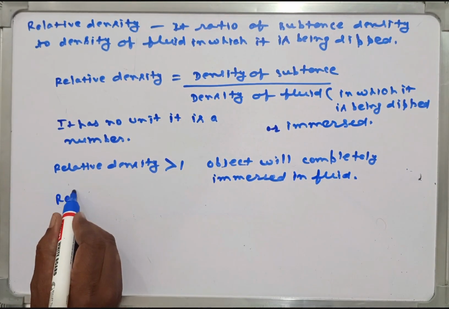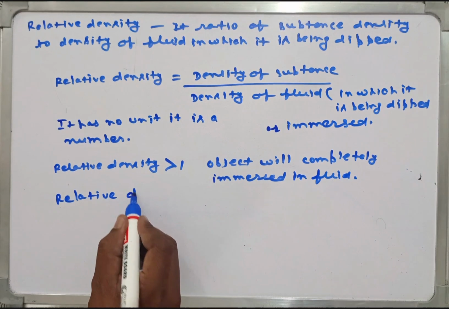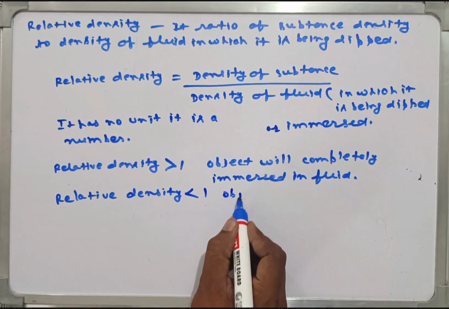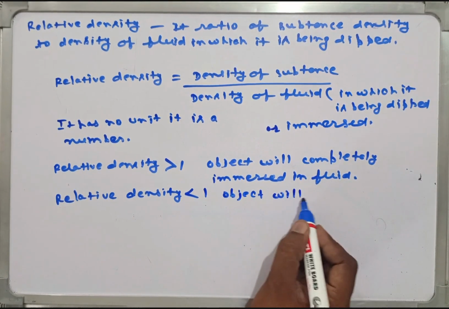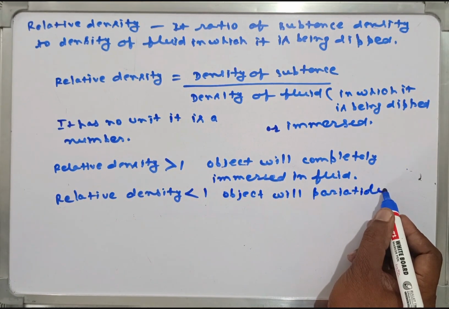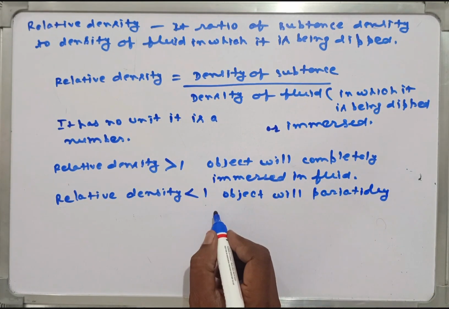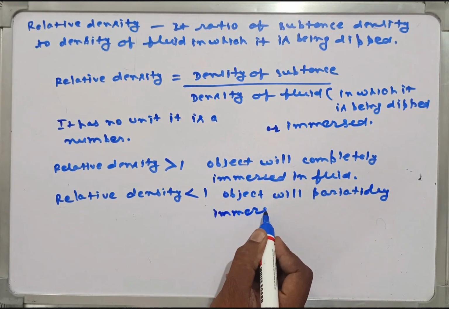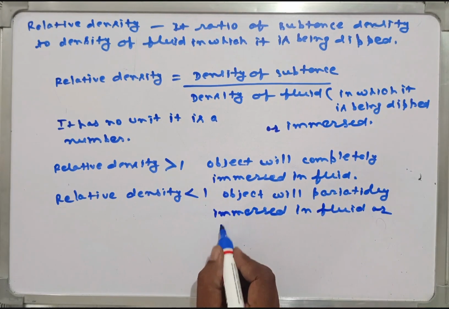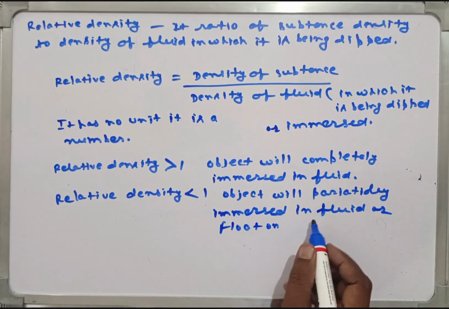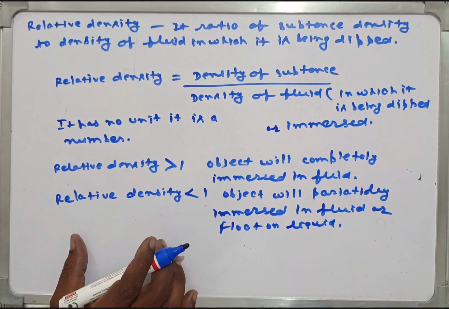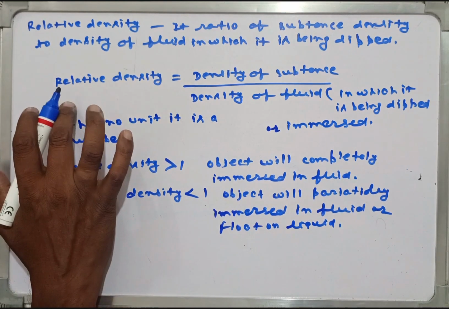Now when relative density is less than 1, then the object will be partially immersed in the fluid, or you can say it floats on the liquid. Okay guys, what does it mean by density?